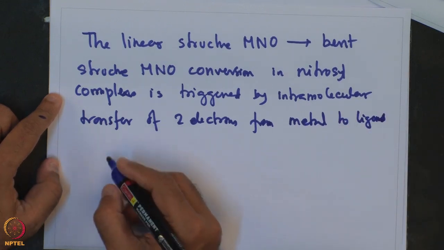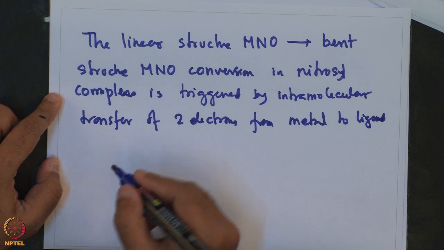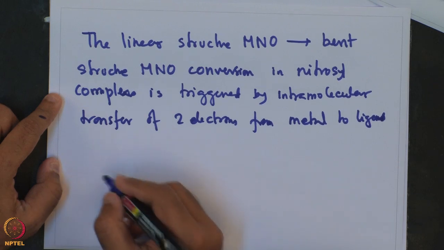And also, as a result of this, a vacant site is generated, and that results in associative substitution.